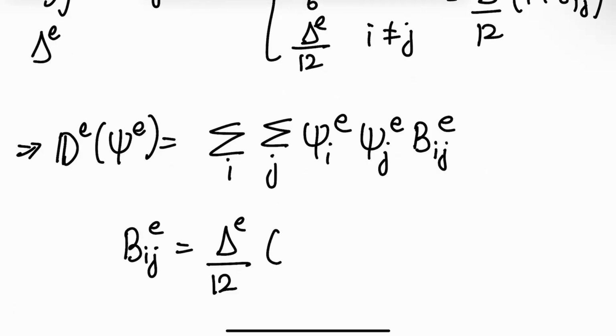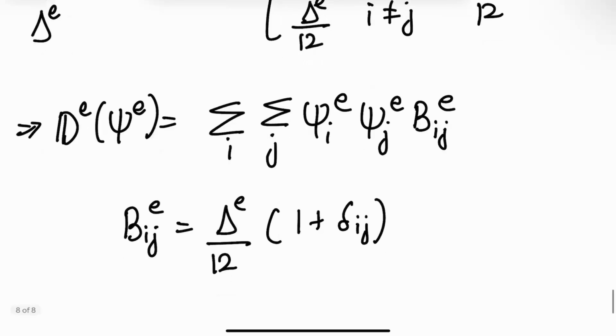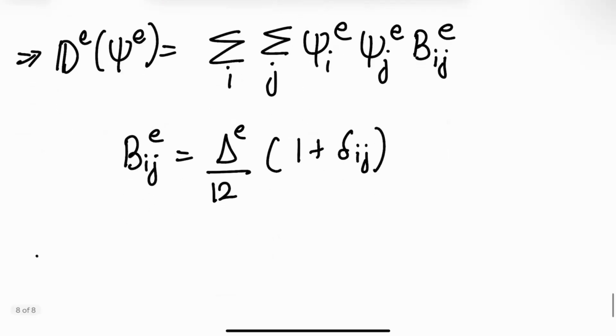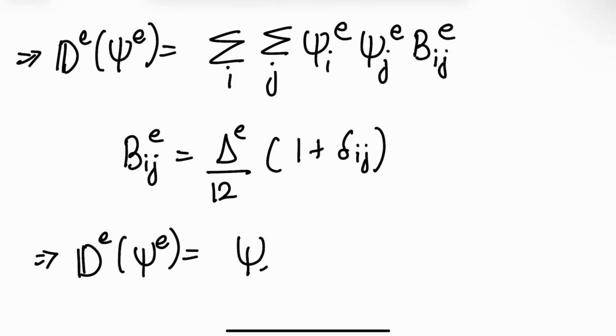So now we've derived that as well. Okay. And again, I can write this in vector matrix form: psi^E transpose B^E psi^E. So I'm switching this E from subscript to superscript, but hopefully from the context you can tell which one it is.